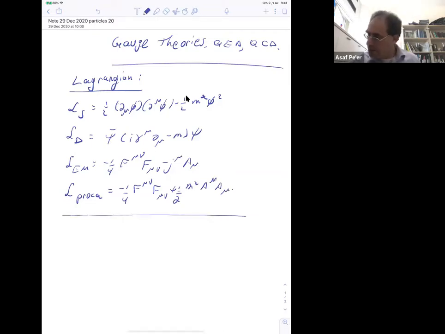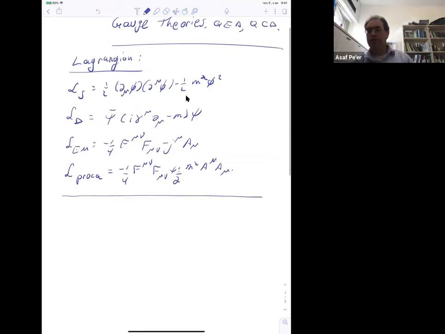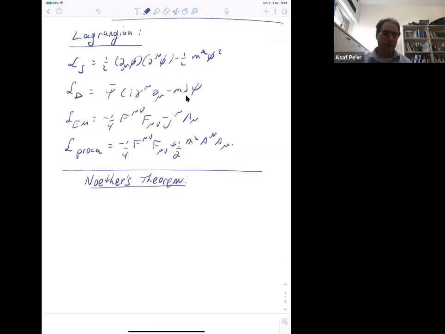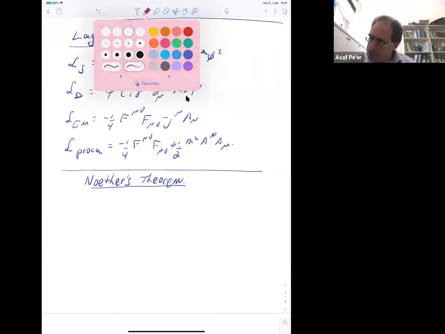And then I stated the most important theorem, of which we're going to explore the consequences today, which is Noether's theorem. It states that every continuous symmetry of the Lagrangian gives rise to a conserved current. Let's write it down.